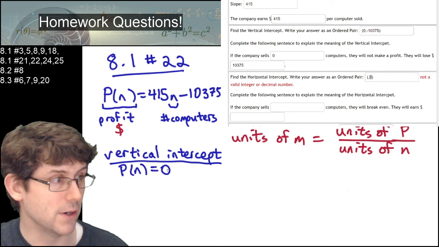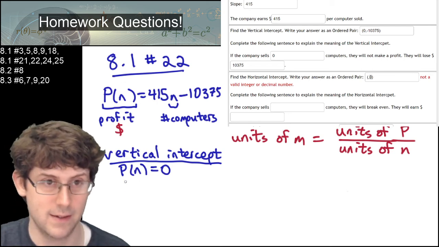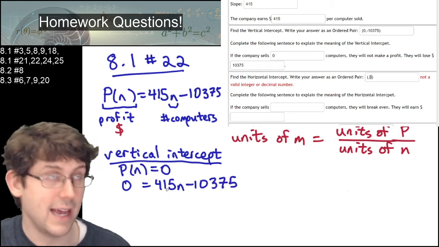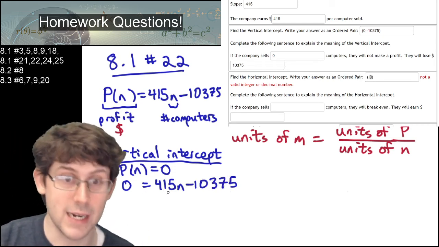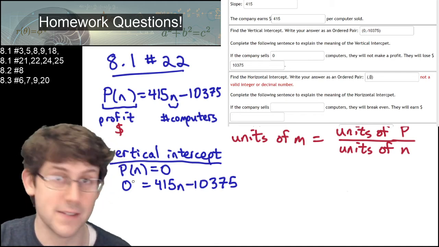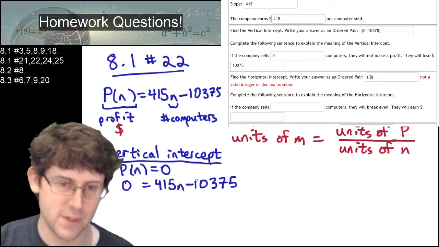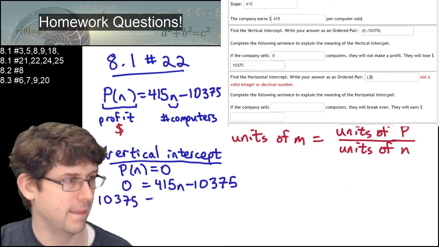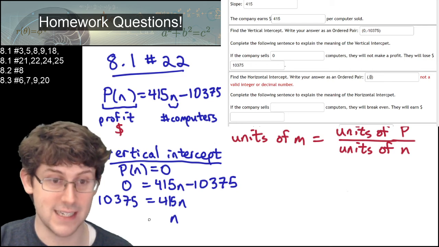So I'll plug 0 in for the output. This tells me how many computers they have to make to break even, to make $0 of profit. Well, I can solve for the number of computers. I'll add 10,375. And I'll divide both sides by 415.